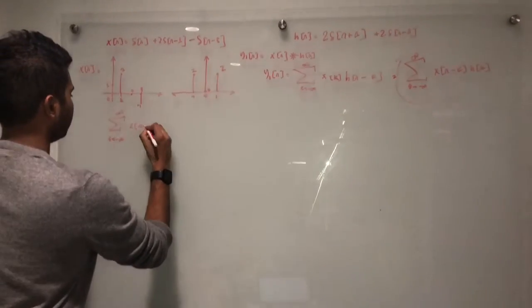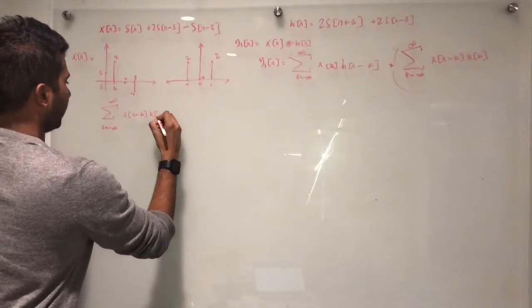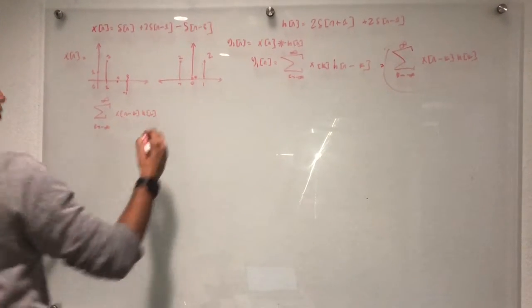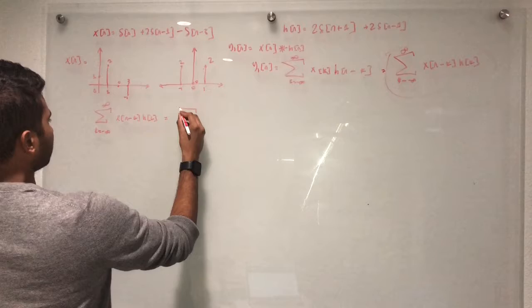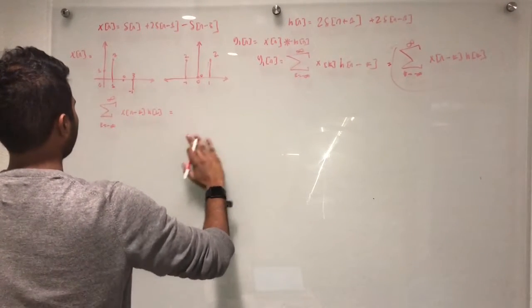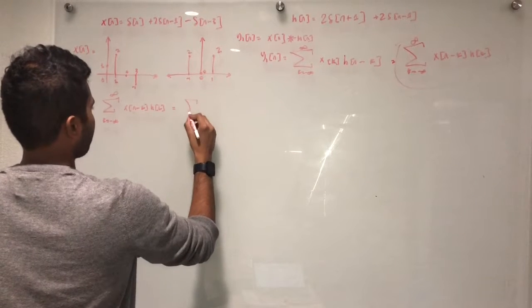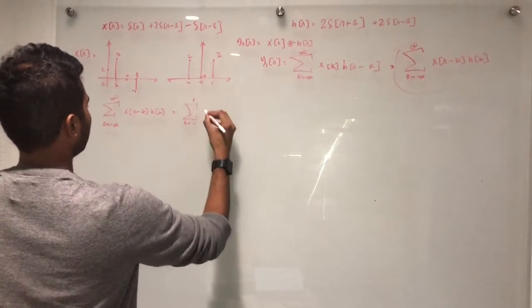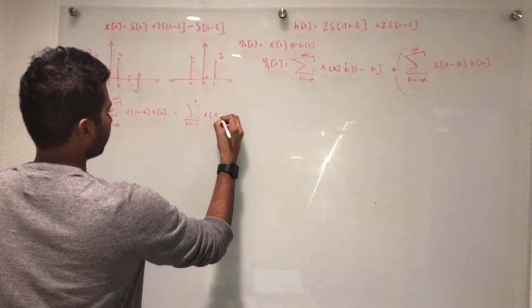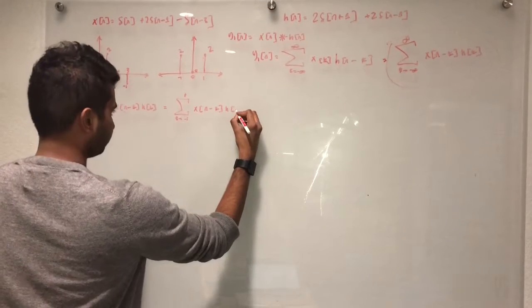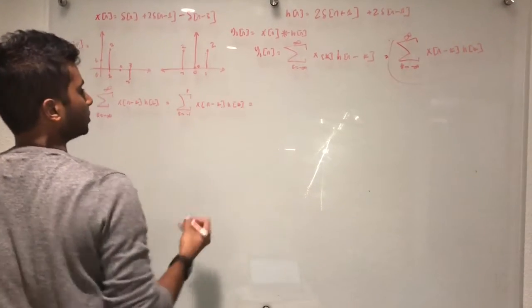h of n minus k, h of k. And now let's solve this part. When k goes from -1 all the way to 1, we're going to have x of n minus k times h of k. Now let's solve this out.